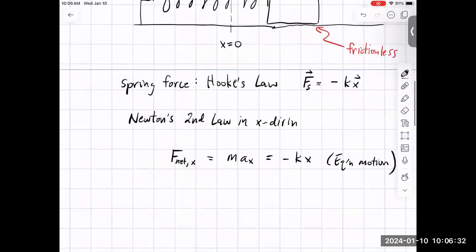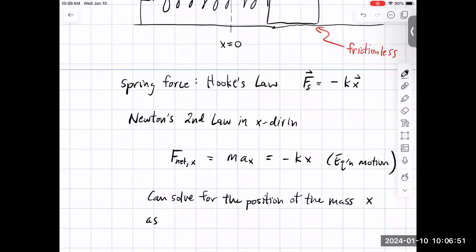Okay, so we can solve for the position of the mass, and that position would be labeled as x as a function of time.